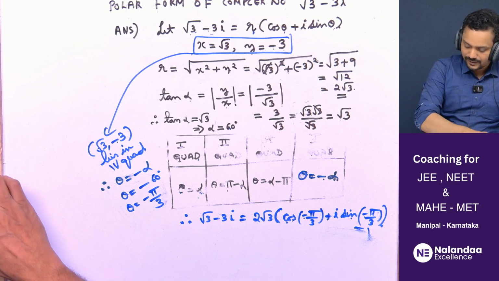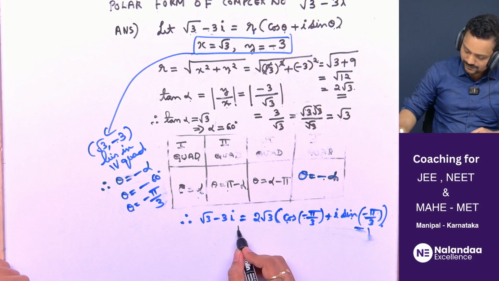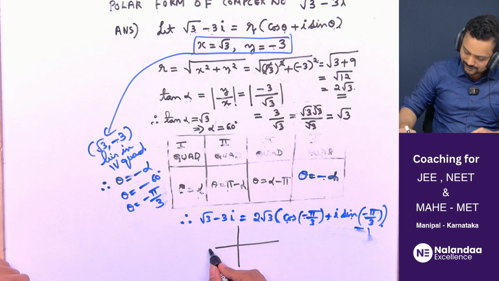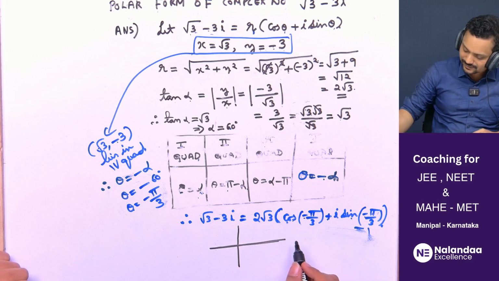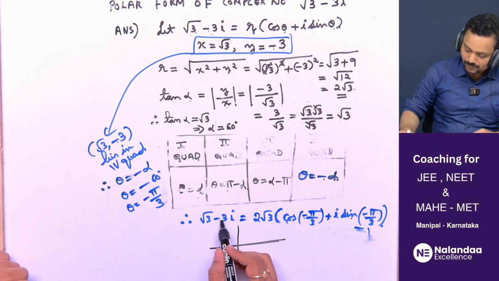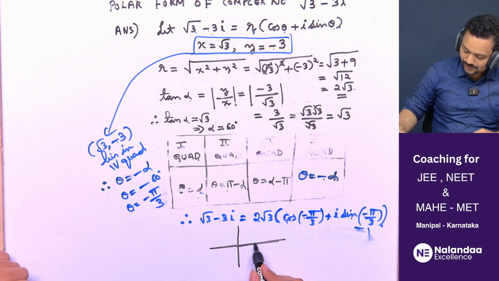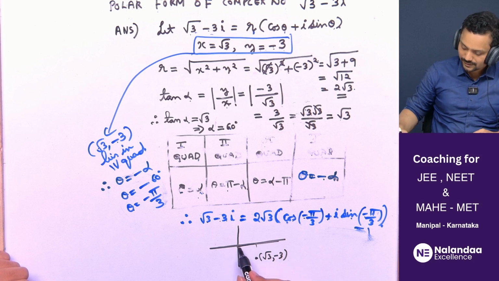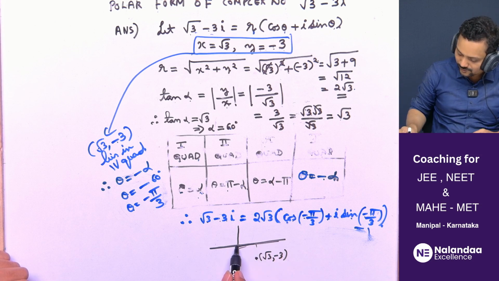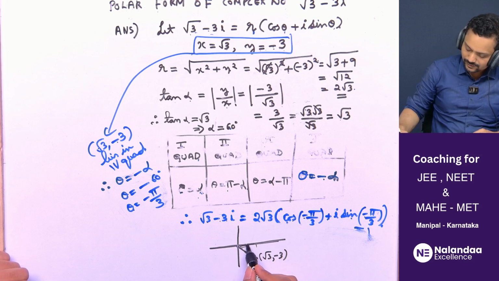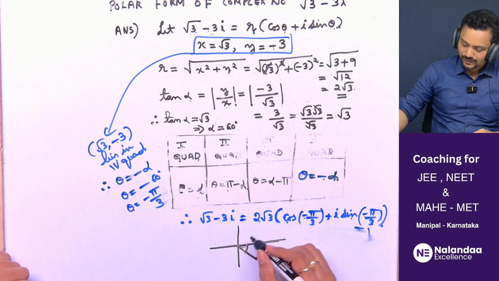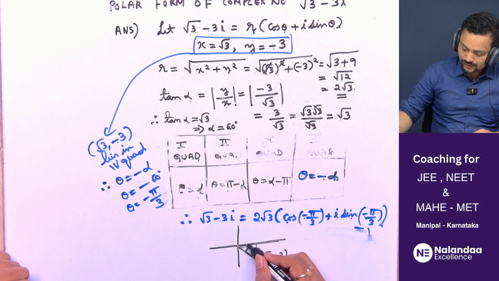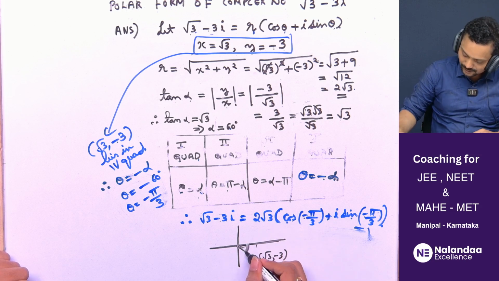And if you geometrically see the figure, just to have a small idea about all these things: the point root 3 comma minus 3 is in the fourth quadrant, somewhere here. If you join this point to the origin, we take this angle to be negative, since it is in the clockwise direction.